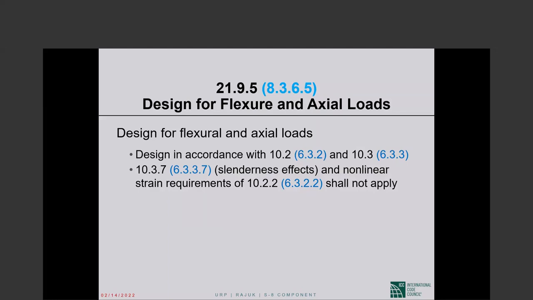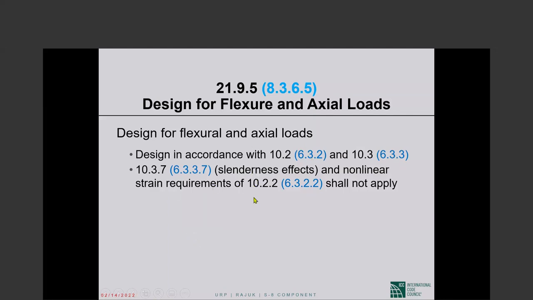And we make sure that all combinations of M sub u, P sub u coming from the design load combinations are within the design interaction diagram. So that's now our shear wall design. Design as if your shear wall is a column. That's pretty much what the first line is saying.